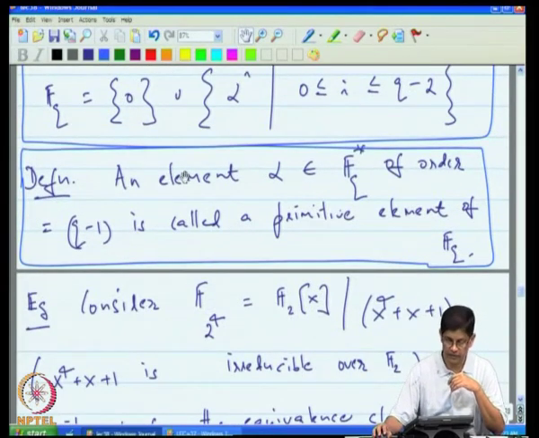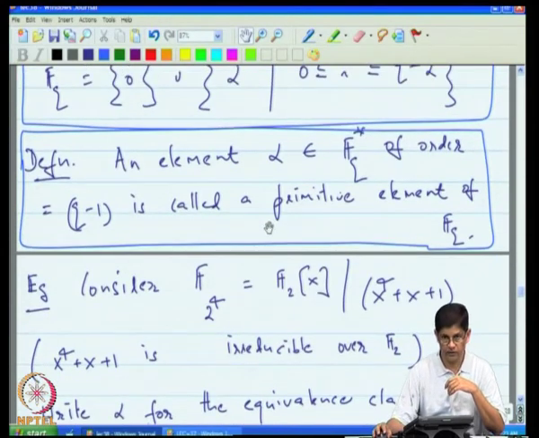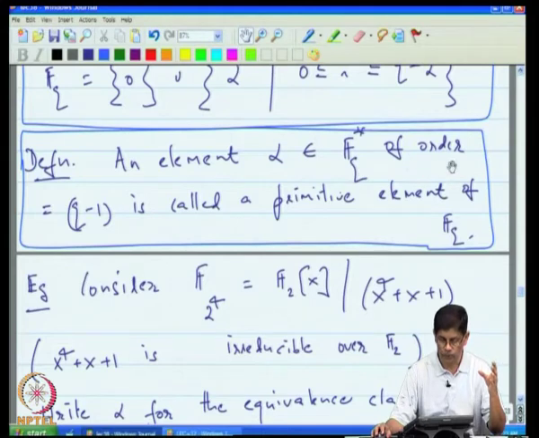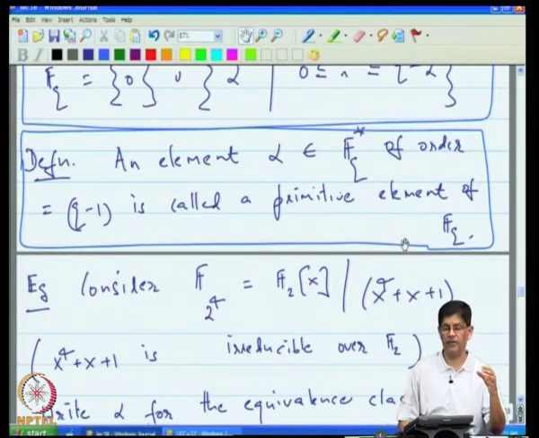An important definition here: we will frequently make reference to a primitive element of a finite field. An element alpha whose order is equal to q minus 1, in other words whose order is the maximum possible, is called a primitive element of a finite field.